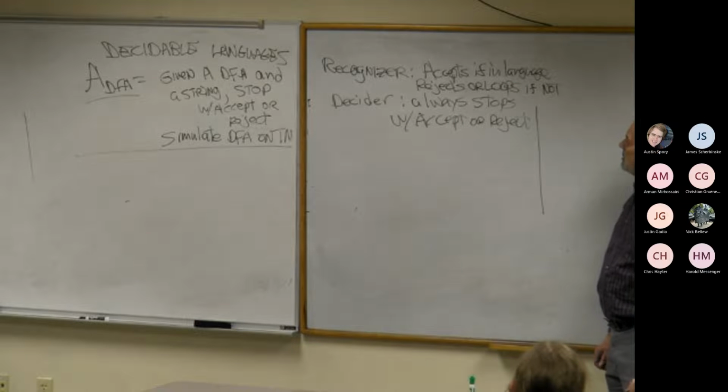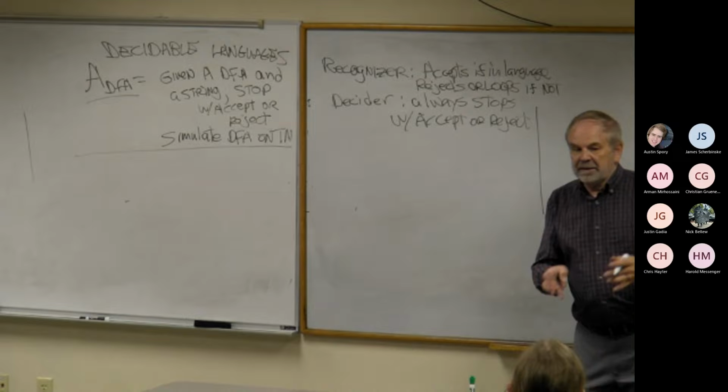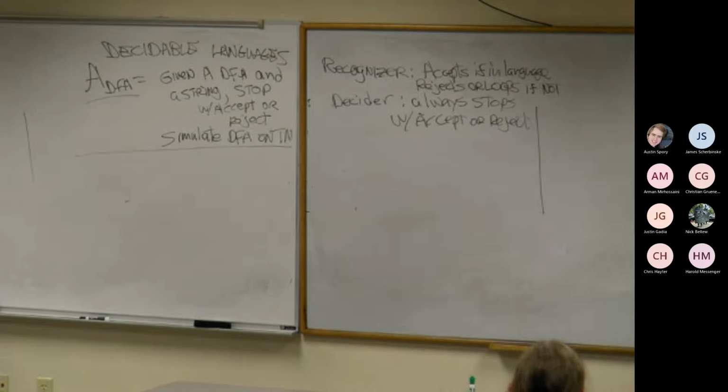So the recognizer could keep running forever, but we never quite know how long it might take for it to stop and find that the string is in the language, or reject it if it's not.